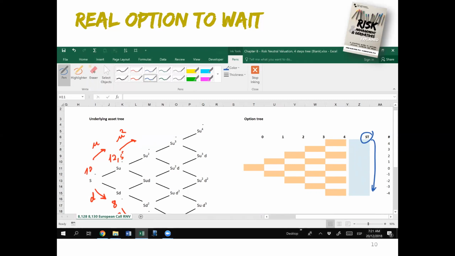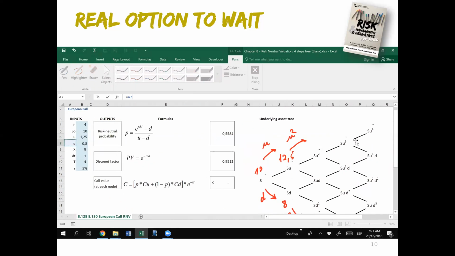upside movement, which you can see in the top right branch of the tree, is going to be S, $10, multiplied by 4 times the upside movement.